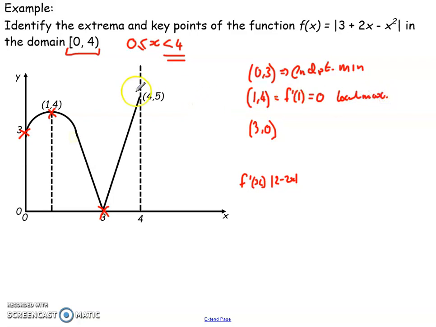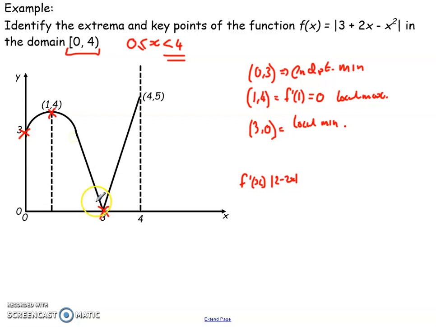Derivative equal to 0, we're able to calculate that it's a turning point and it's a local maximum. At 3, 0, again, the derivative does not exist, so at this point, it's a local minimum. We know that it's a local minimum because it's at the bottom of the curve.